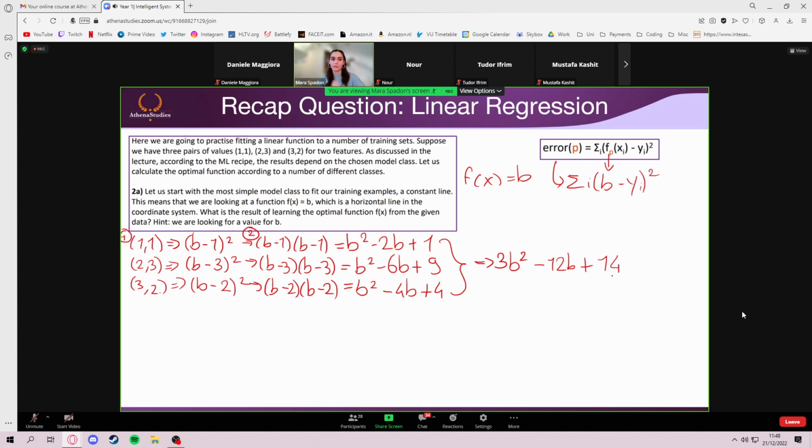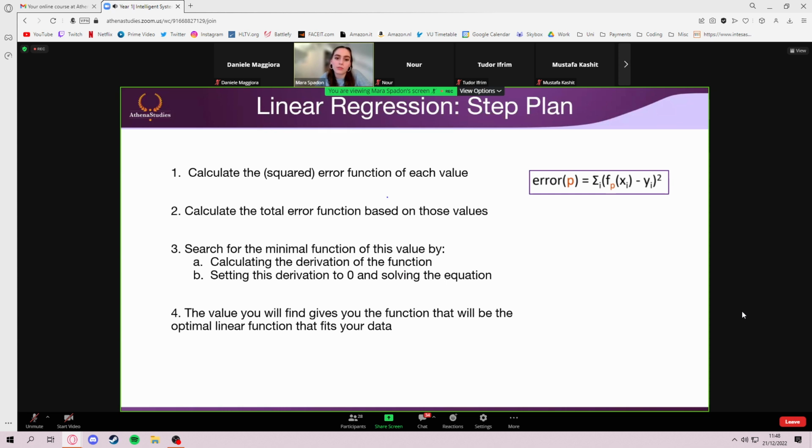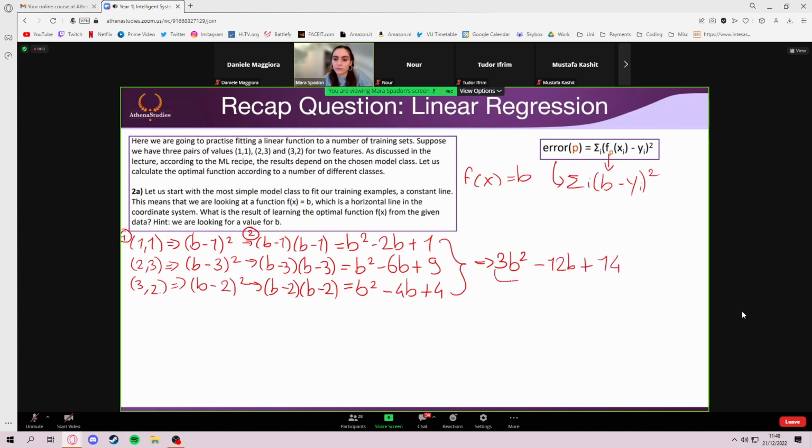Great. So that's our step 2. Calculate the total error function based on those values. So this is what we get.